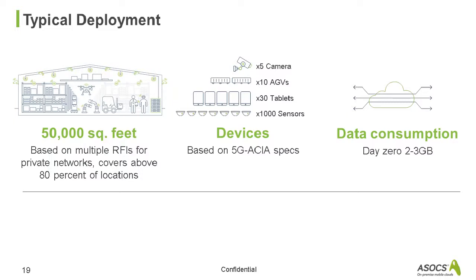And another key factor is to understand roughly the data consumption. In the classical private LTE oil and gas installations of a few years ago, really capacities of 1 gigabit in aggregate would have been a fantastic number.